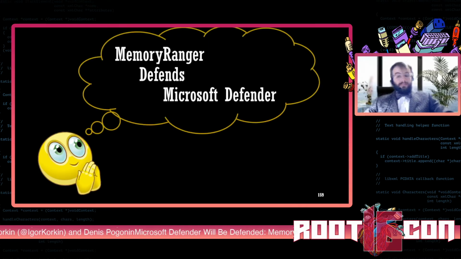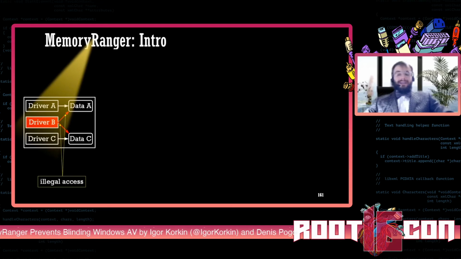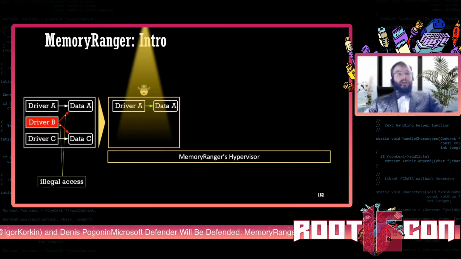In the Windows kernel, drivers share the same memory space with the OS kernel. There is no built-in mechanism to restrict illegal access attempts to the kernel memory. I designed MemoRanger to solve this problem by allocating a separate kernel enclave for each newly loaded driver.